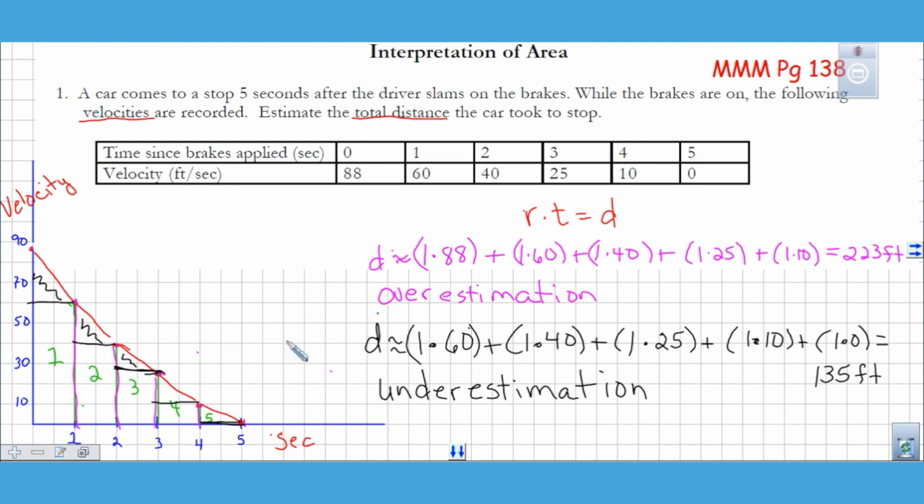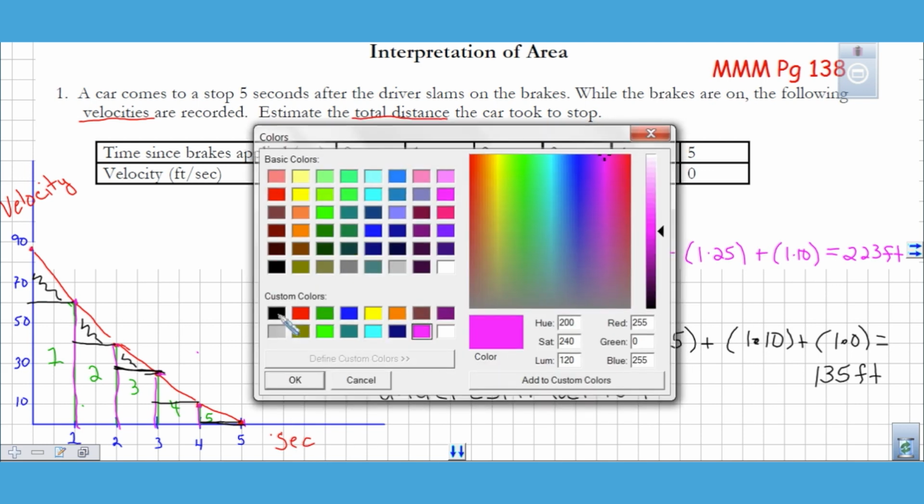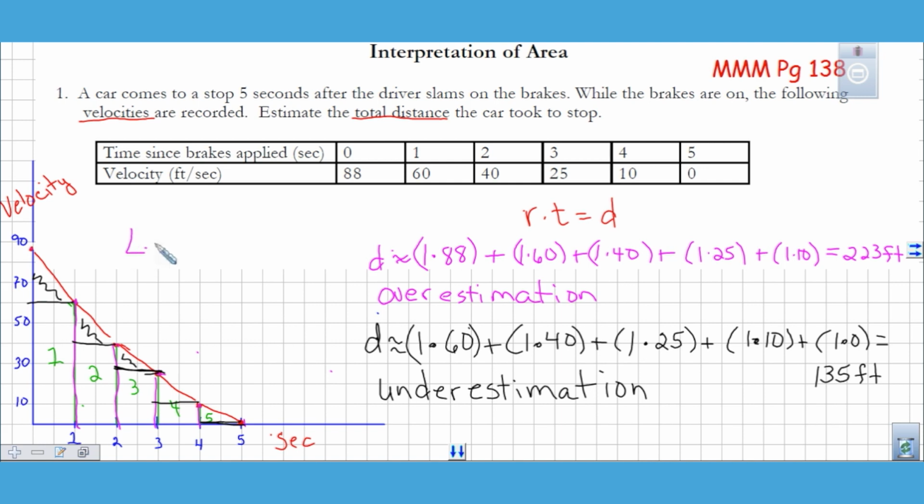So when we're asked to do this, we use the left on this one. Go back and get my pink again. And so when you do that, that is called a left Riemann sum. And what that means is that a Riemann sum is when you add up areas of rectangles, and when you use the left-hand value as your height, that's called a left Riemann sum.